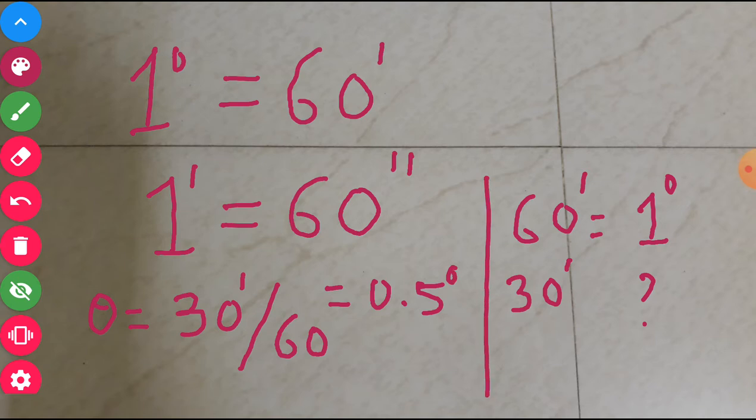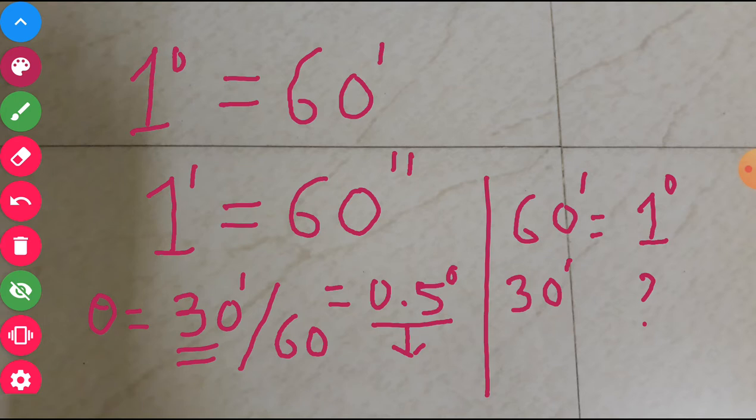Now this degree has to be converted into radian. So this 0.5 degree has to be multiplied by pi upon 180, and whatever answer you get will be your angle in radian. 30 minute in radian it will be.